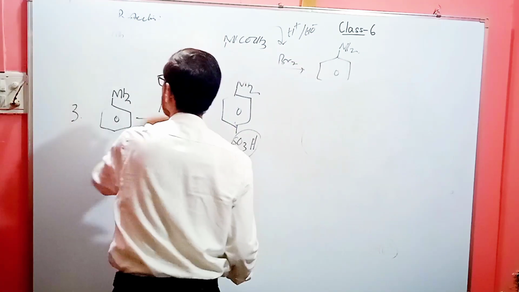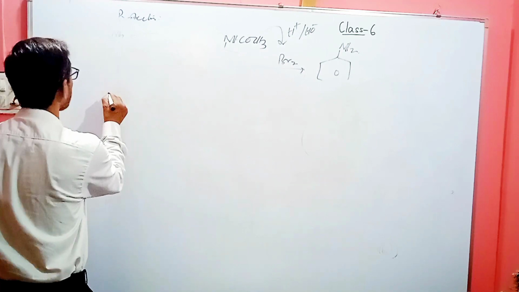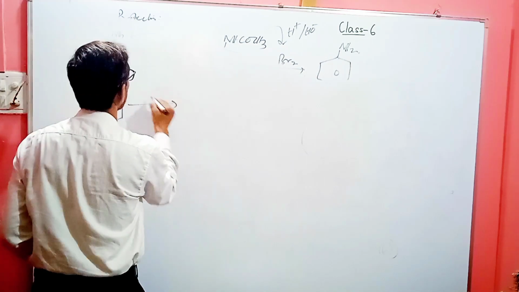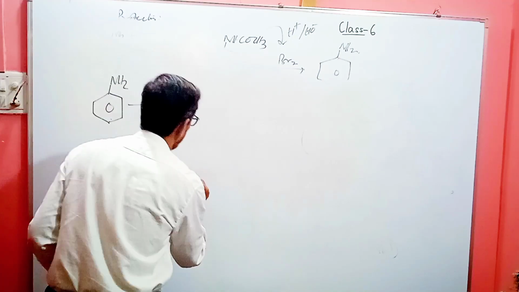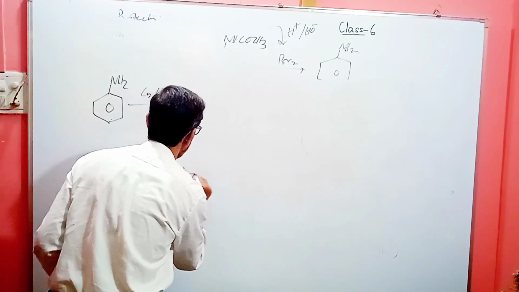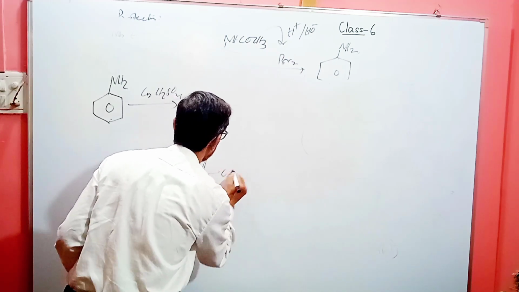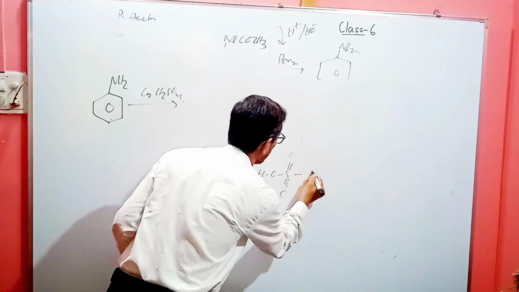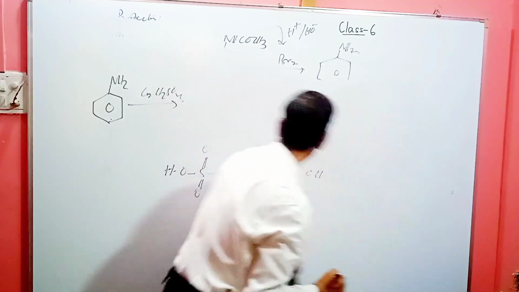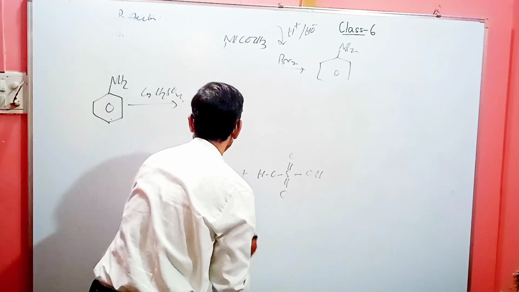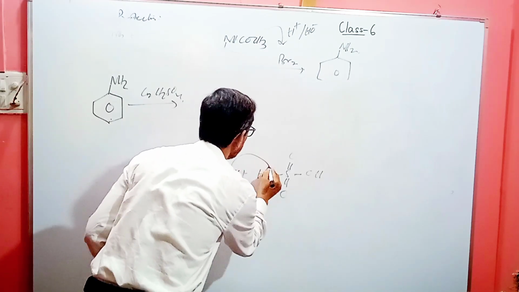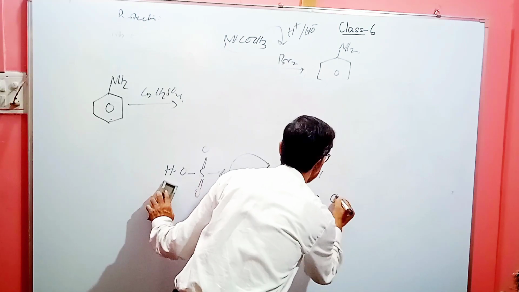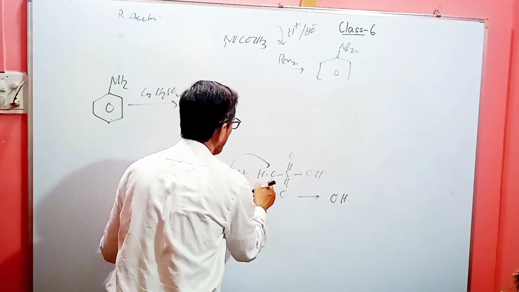What happens here is, when concentrated sulfuric acid is added, between sulfuric acid molecules, OH comes here, so OH2+.